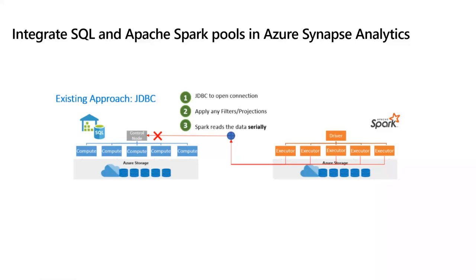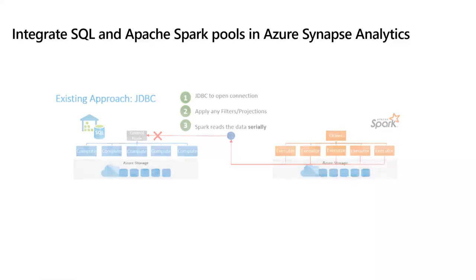So we stand to have some bottlenecks with serial data transfer. So a new approach can be used, and you will have here a Synapse Spark pool to Synapse SQL connector as a data source implementation for Apache Spark, right? It uses Azure Data Lake Storage Generation 2 and PolyBase capability.